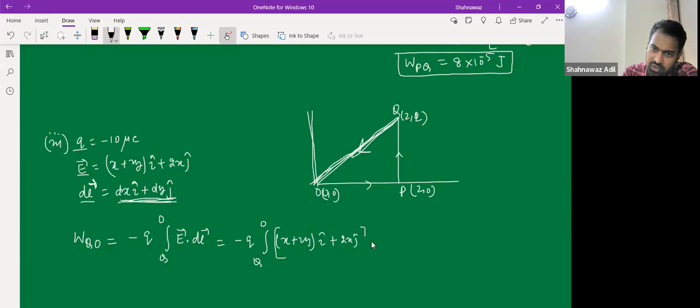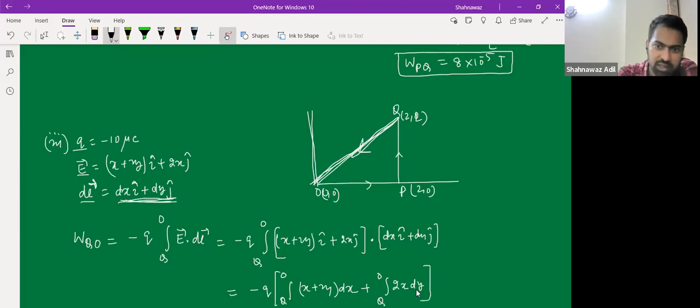So this is E dot dx i plus dy j. So only i dot i will survive, j dot j will survive. So what will I get? Minus q, integral from Q to O of x plus 2y dx plus 2x dy. Is this clear, guys?